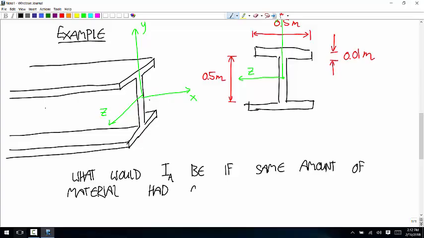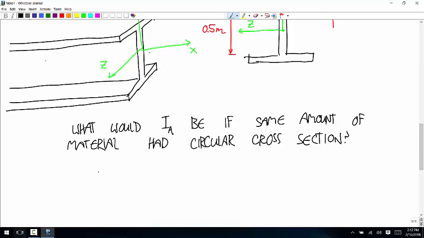had a circular cross-section. So that would be a cross-section we'd be looking at with the y-axis up and the z-axis to the left. And the radius of this circle would be 1 centimeter.